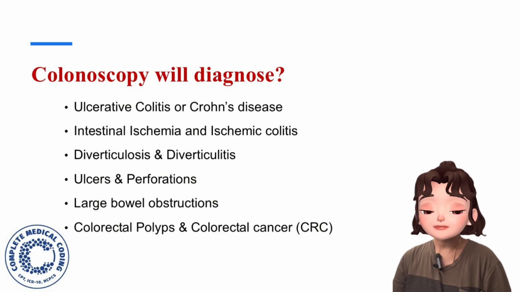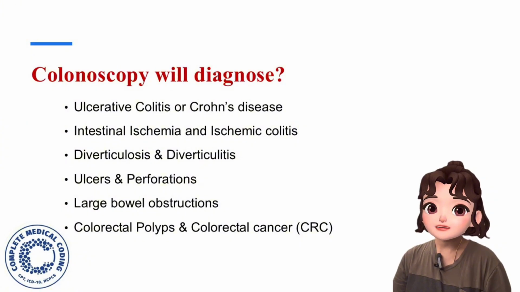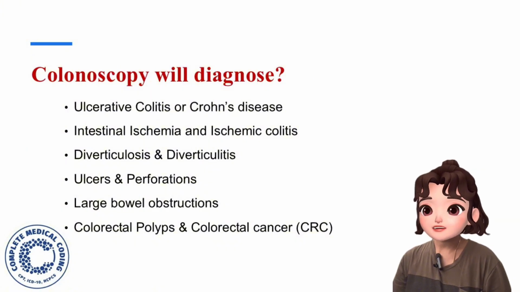What are the diseases? First one, ulcerative colitis or Crohn's disease. You might get a question like this: Crohn's disease occurs in which part of the body? Colon. So similar questions you will be getting.